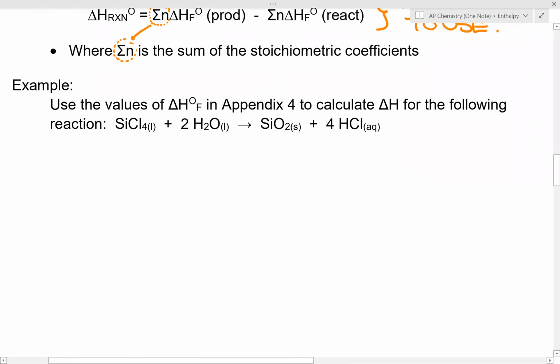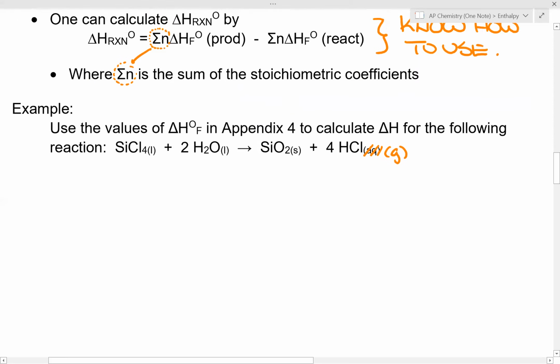It says use the value of delta HF in Appendix 4 to calculate the delta H for the following reaction. Now, one thing to correct, this is a gas. Okay, so we have SiCl4 liquid plus 2H2O liquid would give you SiO2 solid and 4HCl gas.